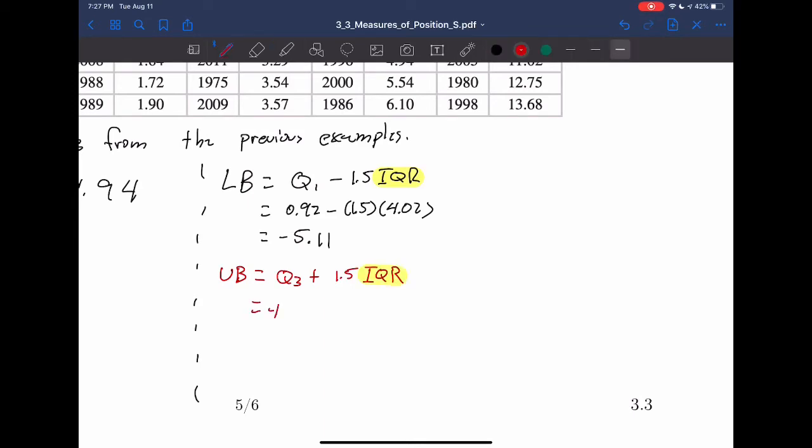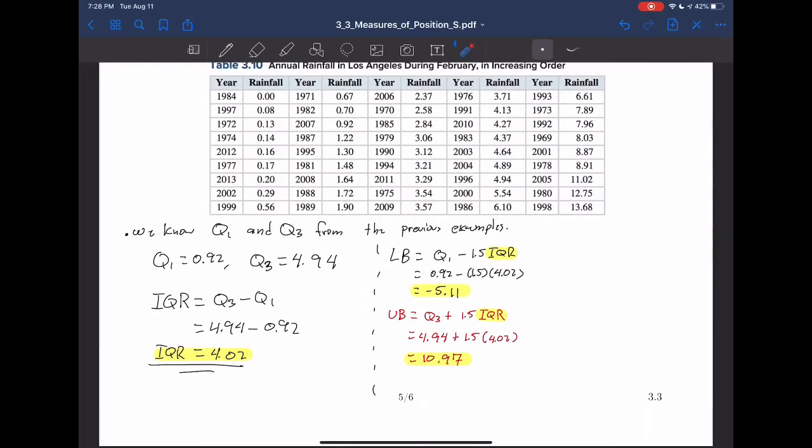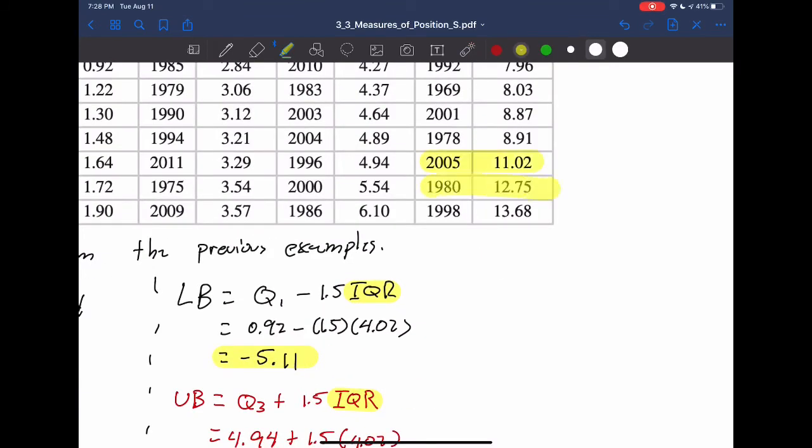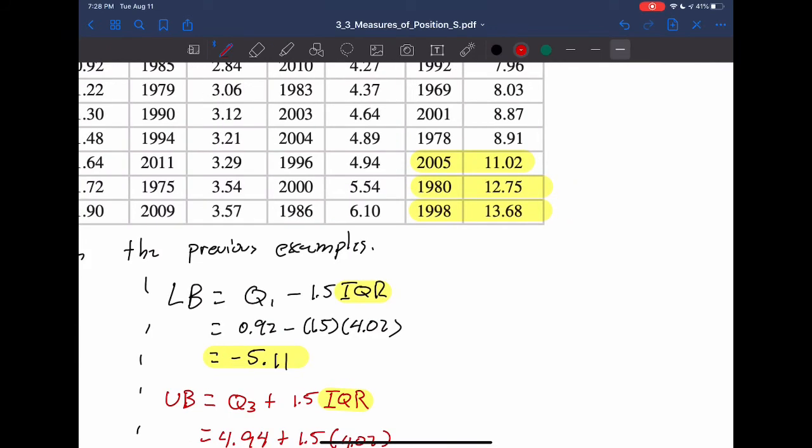Again, we already know what our IQR is, so we plug in that number. This value should be 10.97. Then you want to ask yourself, are there any values in our data set that are lower than negative 5.11 or higher than 10.97? And there actually are. There are 3 numbers that are higher than 10.97. So these values are your outliers.